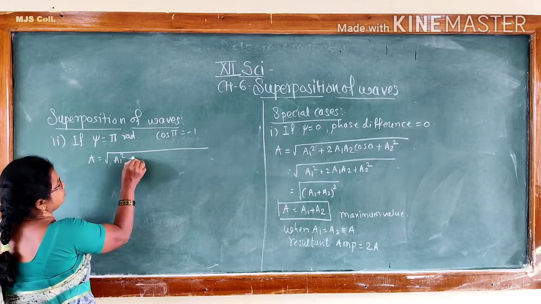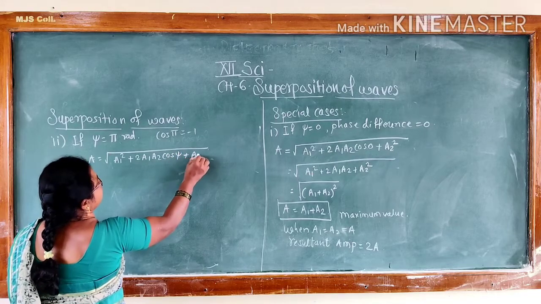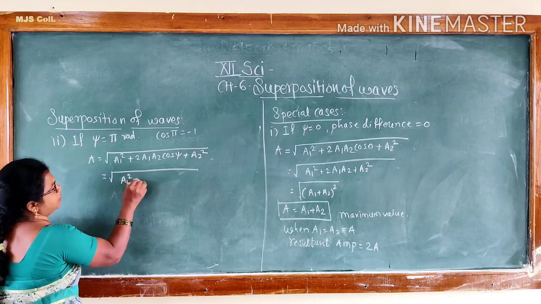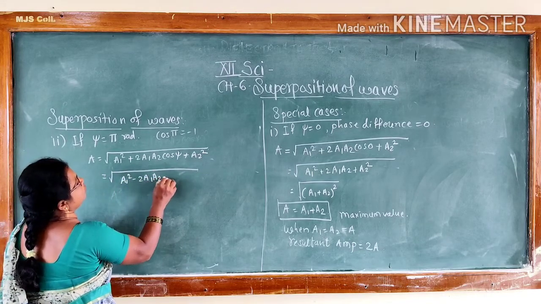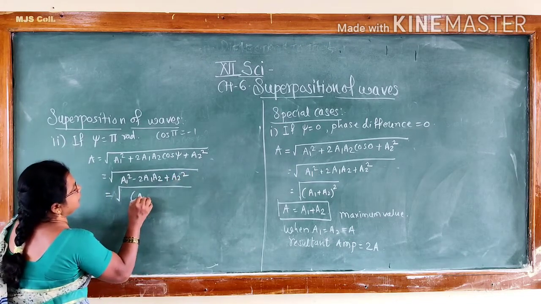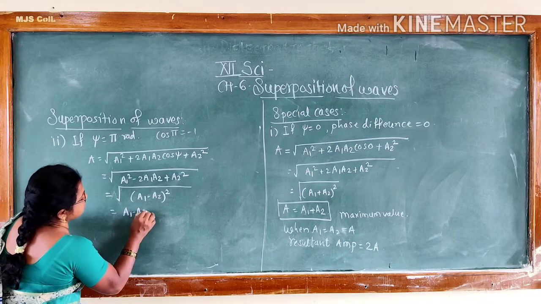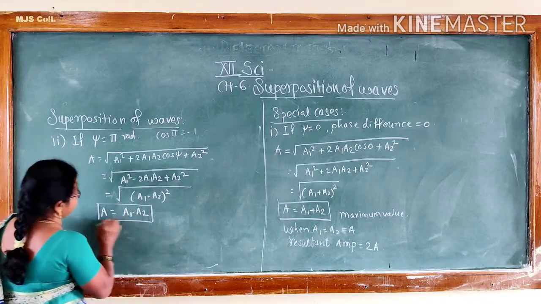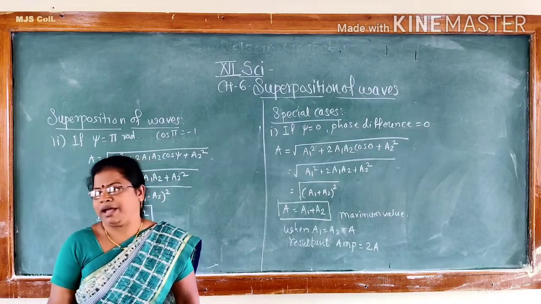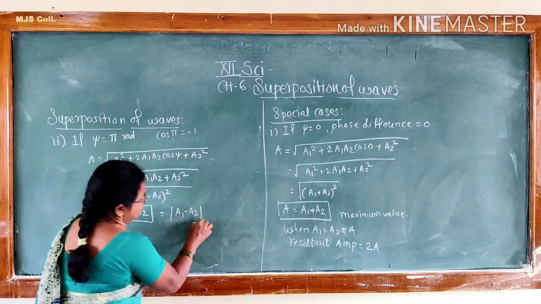Therefore, A1 square plus twice A1 A2 cos psi plus A2 square will become A1 square minus twice A1 A2 plus A2 square. That means it is equal to the square root of (A1 minus A2) whole square, which is equal to A1 minus A2. Therefore, A is equal to A1 minus A2 when the phase difference is equal to pi. Okay, and this is equal to mod of A1 minus A2.